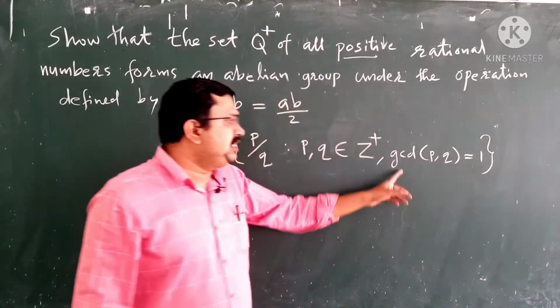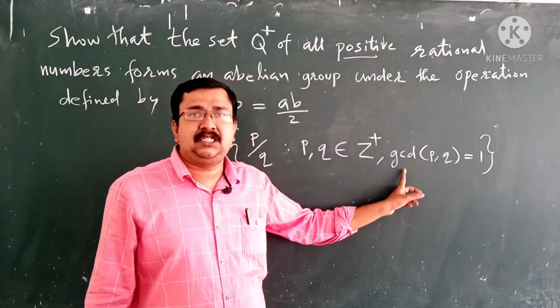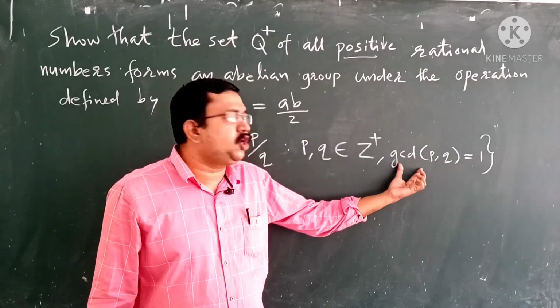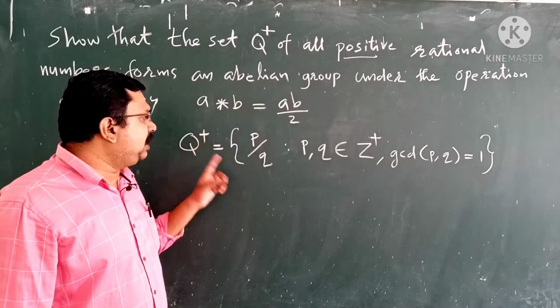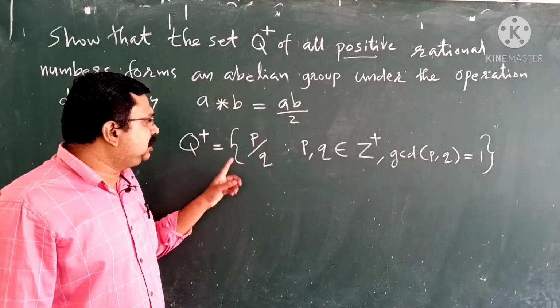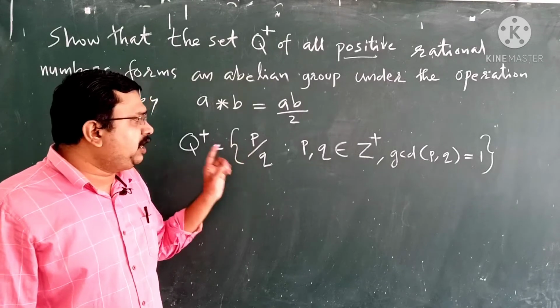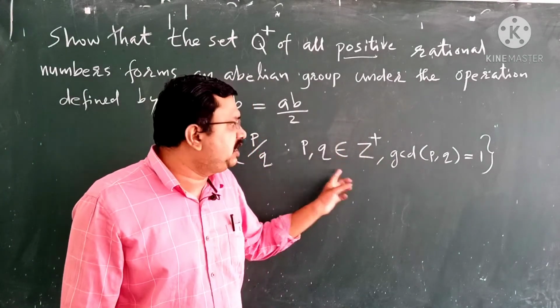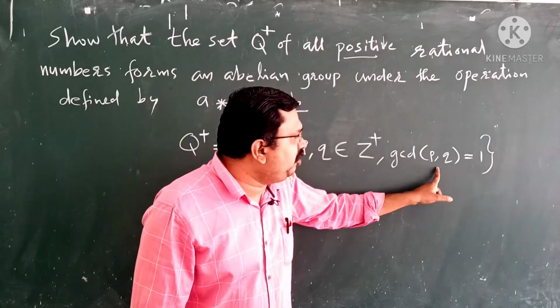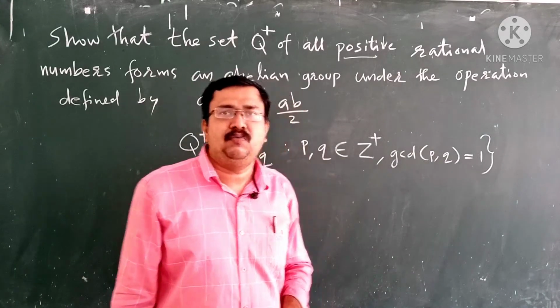What is GCD? GCD means greatest common divisor. We are defining Q plus as the set of p by q, where p and q belong to Z plus, the set of positive integers, and GCD of p, q is equal to 1.